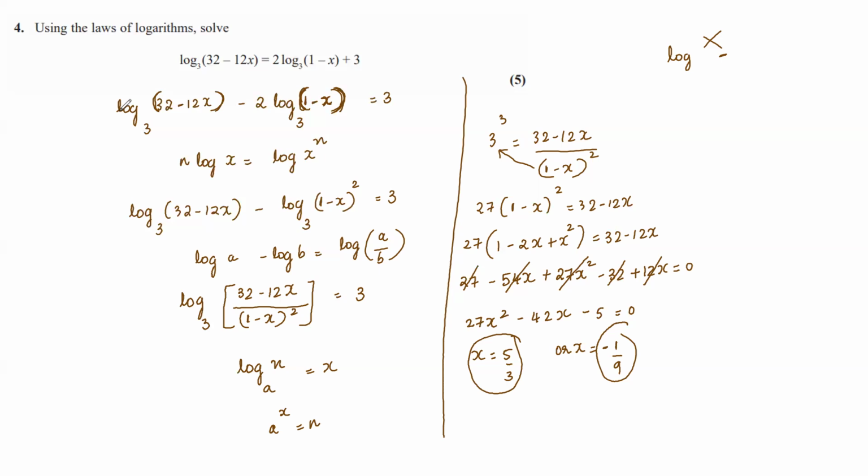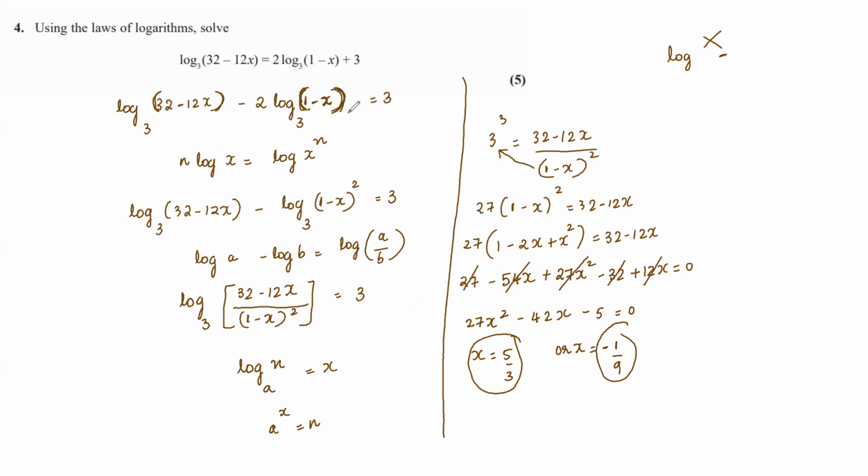And if you substitute x as minus 1 by 9, 32 minus 12 into minus 1 over 9 will give you a positive answer.